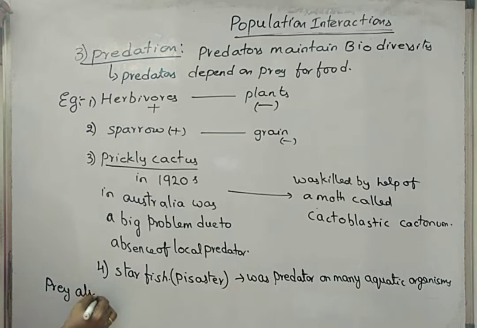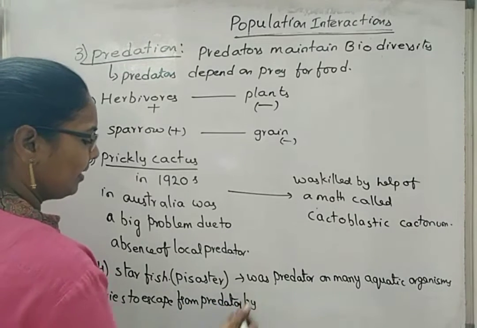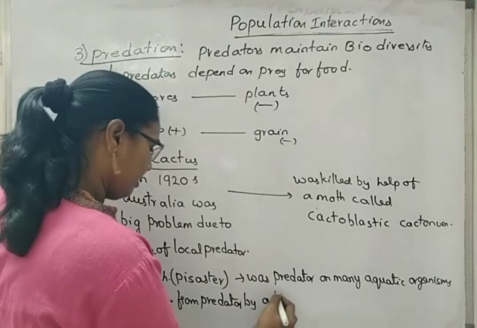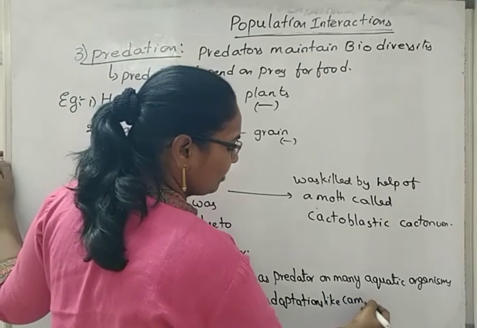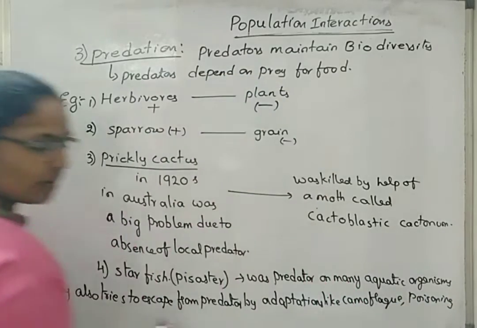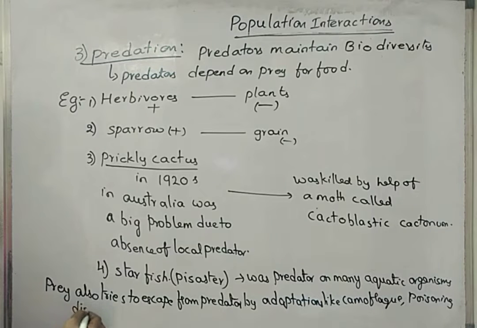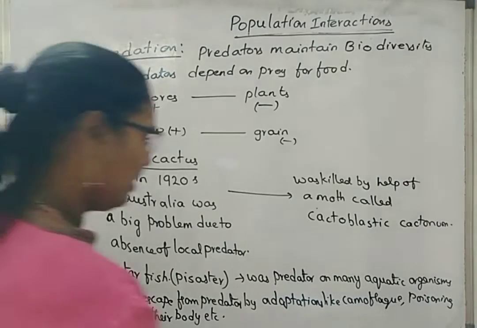Prey also tries to escape from predators by adaptations like camouflage, poisoning, distasteful body, etc. We will see some examples under camouflage, poisoning, and distasteful body by butterflies.